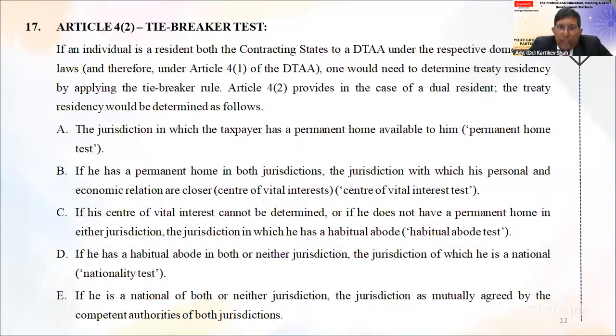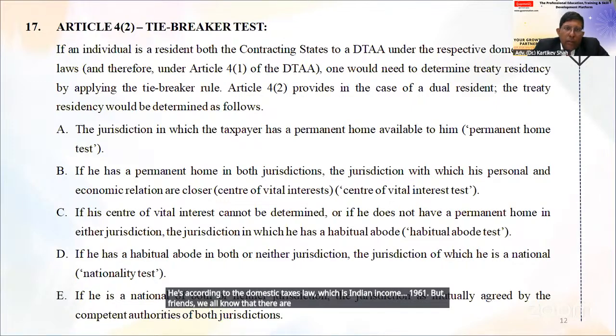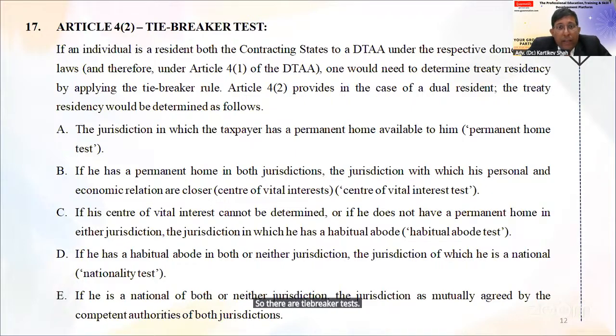Now, what we have seen about deciding the residential status is according to the domestic taxation law, which is the Indian Income Tax Act 1961. But friends, we all know that India has entered into treaties. So in treaties, how do they decide the residency? There are tie-breaker tests where, one by one, they go through the criteria. The first criterion is the permanent home test.